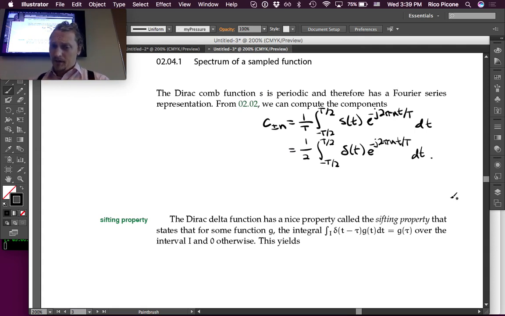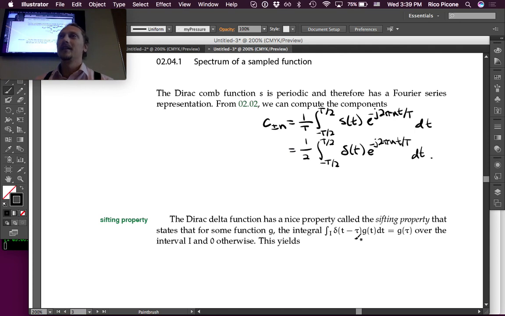So the Dirac delta function has a nice property called the sifting property that states that for some function g, the integral over some interval I of delta of t minus tau, so the Dirac delta function time shifted by tau, times g of t, so some function, dt, is just equal to g of tau.